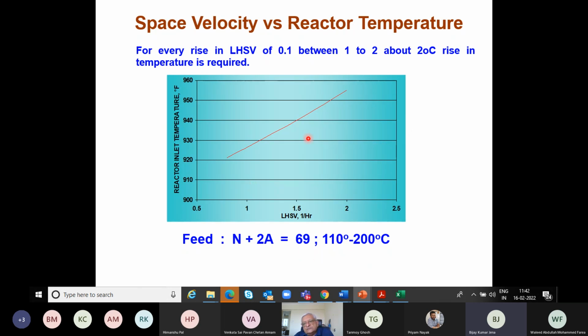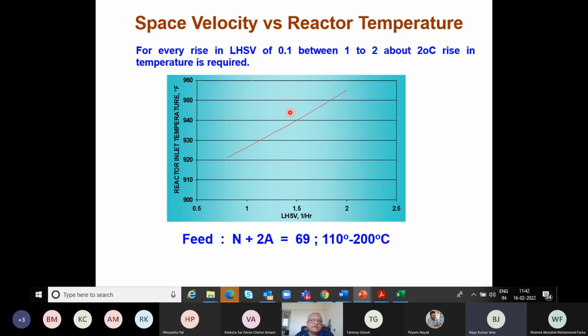So I think it's very important to understand that ultimately, in real operations, we really don't have much handle on LHSV because the idea is always to push maximum throughput through the reactor, through the unit.